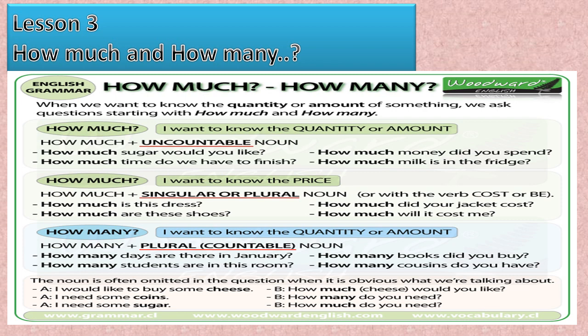They will say, how much would you like? Not, how much cheese would you like? So they remove cheese and talk about it as if it's not here. How much would you like? As I know what you are talking about.